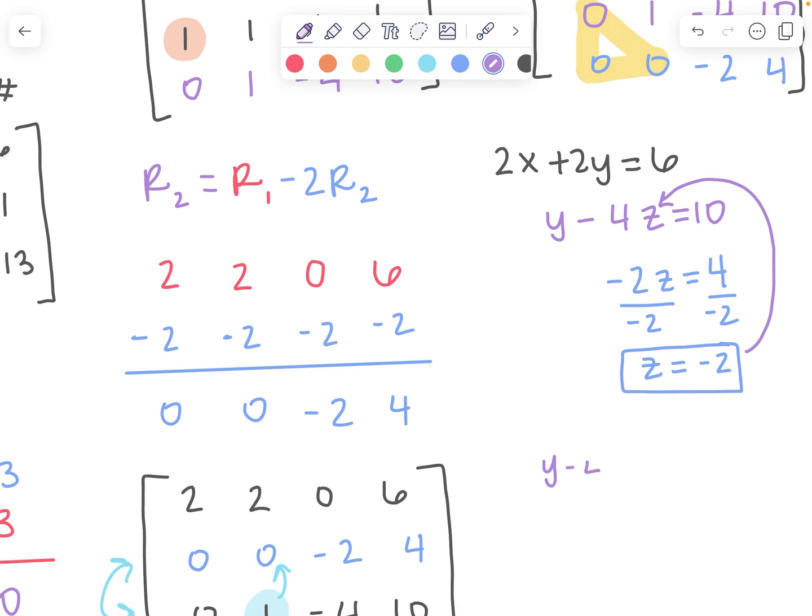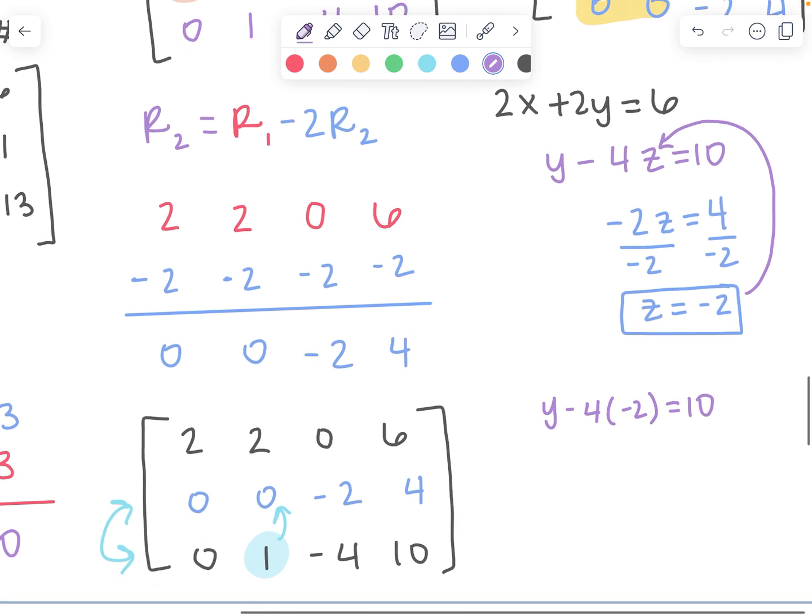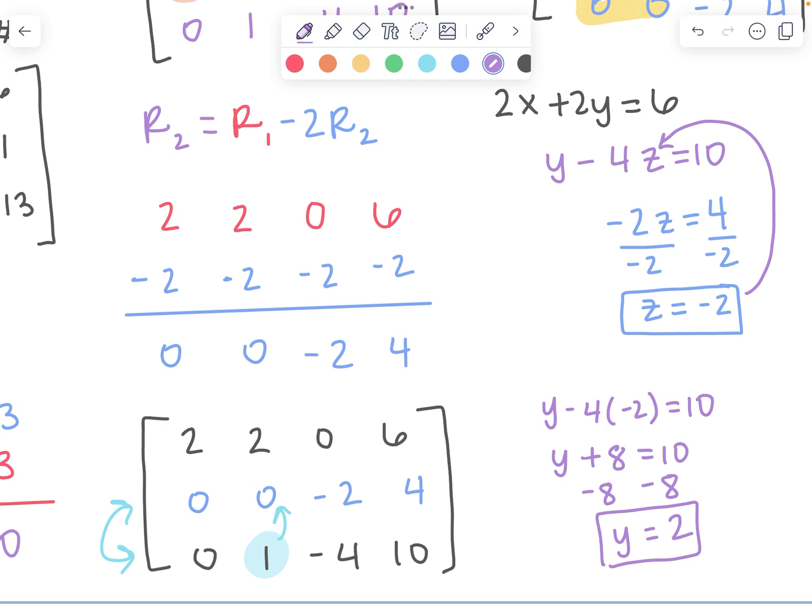So y minus 4 times -2 equals 10. So that gives me y plus 8 equals 10. Subtract 8 from both sides. So y equals 2.